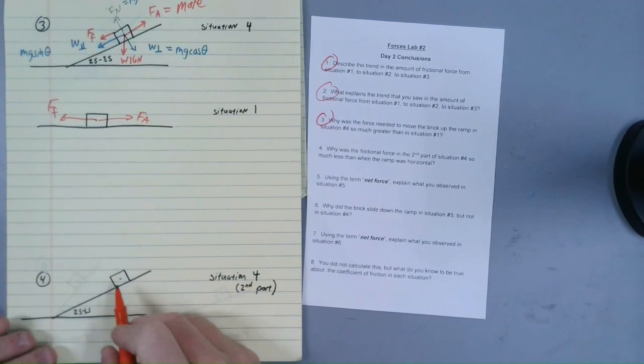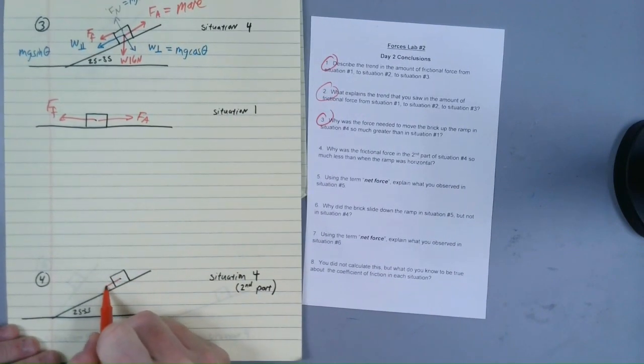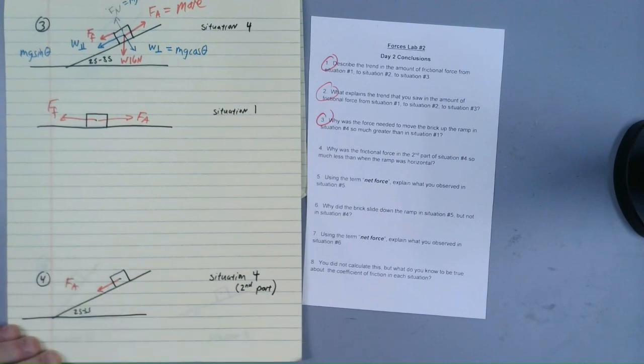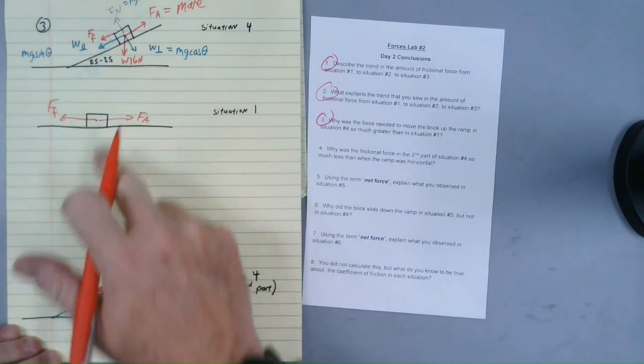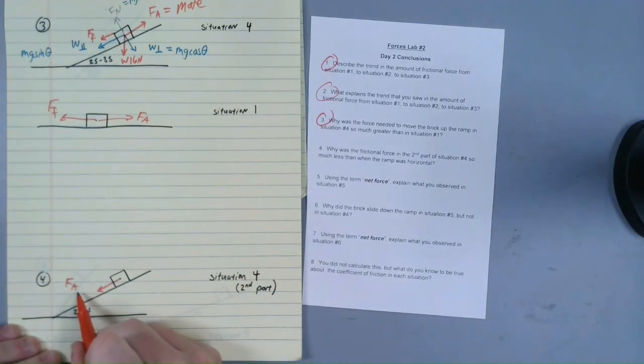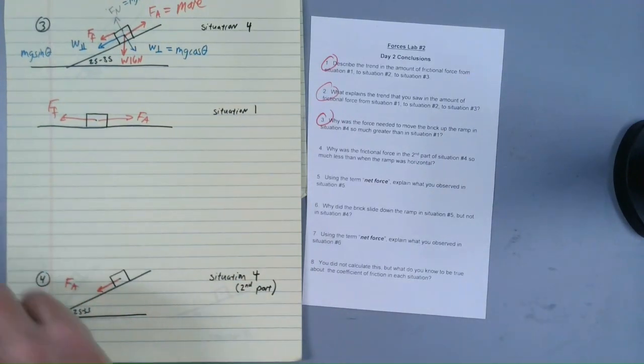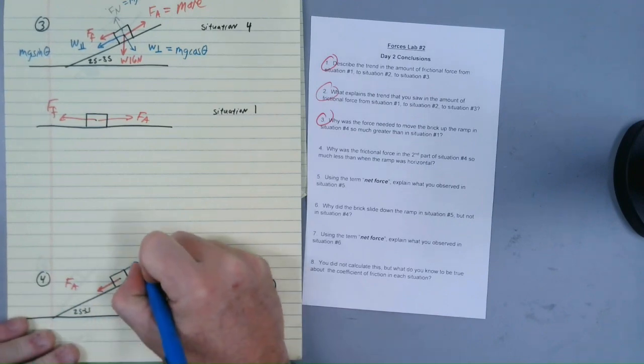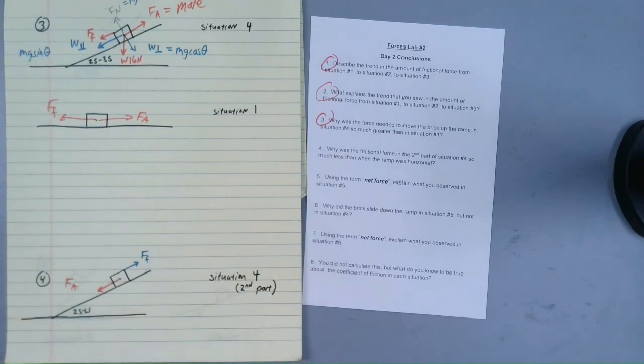Now, in this situation, I asked you to pull down the ramp. And the free body diagram would be the same as up here, except we're flipping this force over. We're pulling down instead of up. What that does is it changes my frictional force, because remember, the frictional force is going to work opposite the motion.